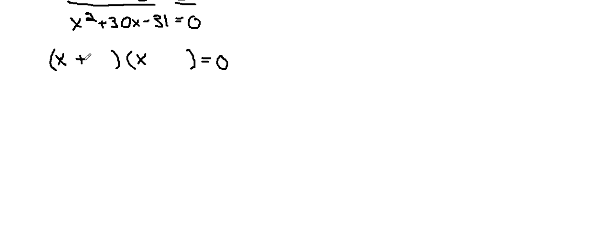If this is negative and this is positive, this has got to be negative. So I want two factors of 31 that have a difference of 30. So it's got to be 31 times 1. And 31 is going to go first. So I get that positive 30 when I subtract the 1.